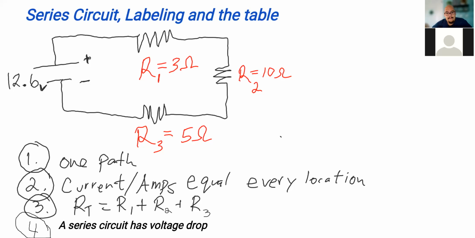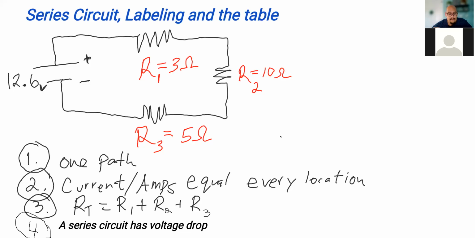Okay? Each one is doing work. So there will be a voltage drop in each location. So in other words, the 12.6 that we have as our power source is going to be spread out among each resistor.